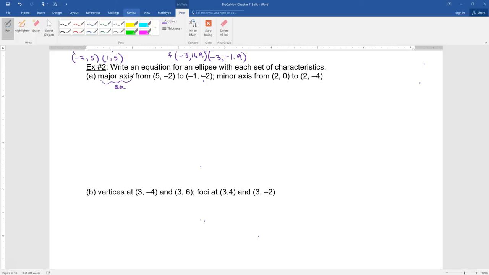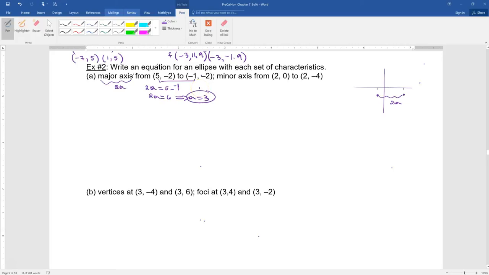Since it's strictly horizontal, this distance is 2a. So 2a is equal to 5 minus negative 1, which is 6. So a is equal to 3.